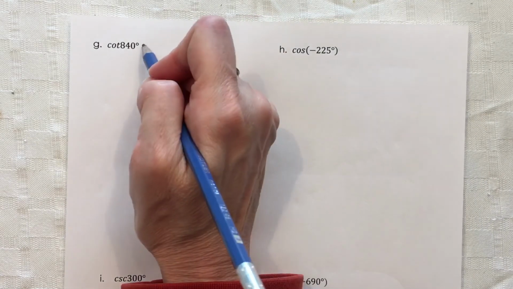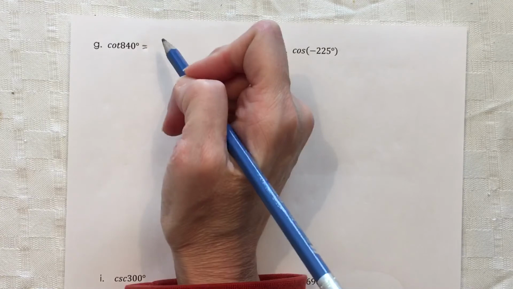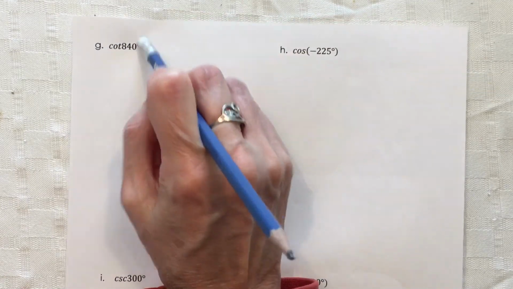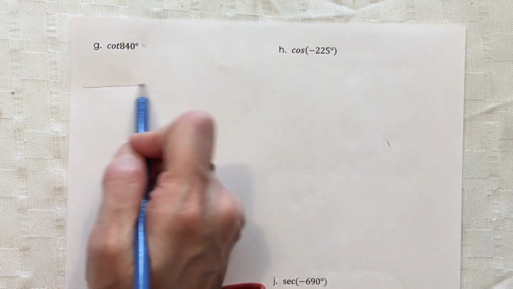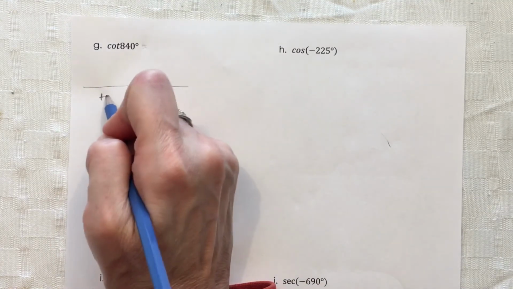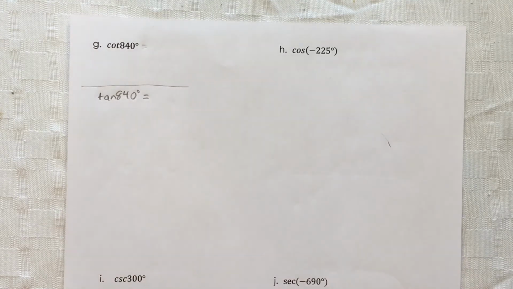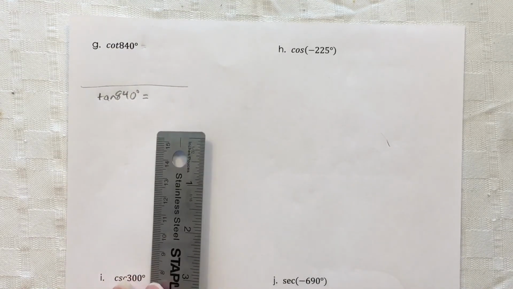Okay, cotangent of 840 degrees. So first of all, actually we can go down here. What's related to cotangent is tangent, so we want to focus on the tangent of 840 degrees when we're drawing our picture.